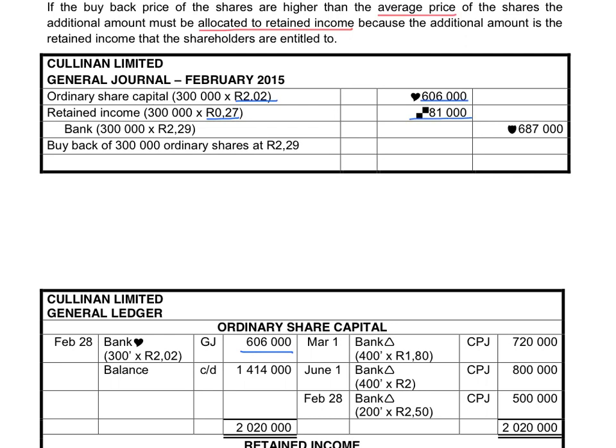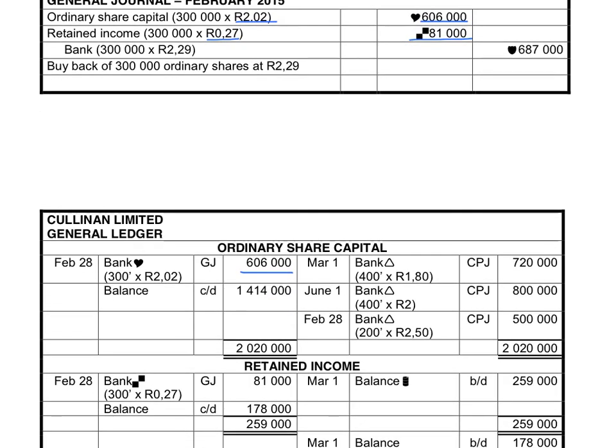Retained income will be debited, showing that it decreases on the debit side with 81,000. The total amount will be paid out of the bank, so that the shareholders will receive in total 687,000 Rand. Included in that 687,000 is the 606,000 that the share capital is reduced by, and the 81,000 that retained income is reduced by.